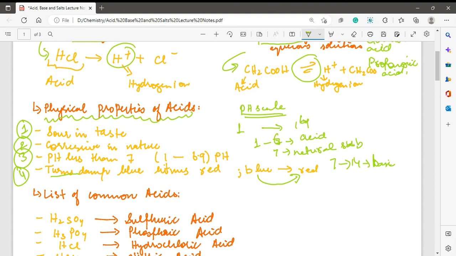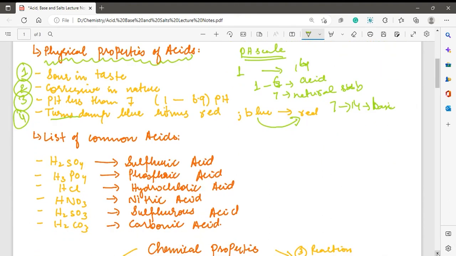And next is the list of common strong acids. I have shared the list of the common strong acids so that you can learn the chemical formulas of the acids. This will later help you to write the equations and to balance the equations. The first acid written here is sulfuric acid. This is one of the strongest acids and it has a pH around 1 to 1.2. The chemical formula for sulfuric acid is H2SO4.